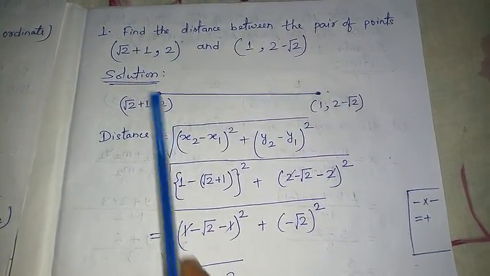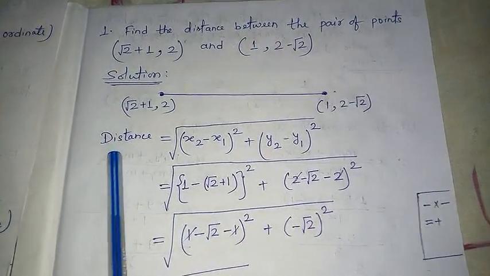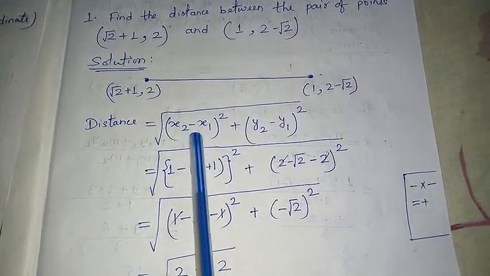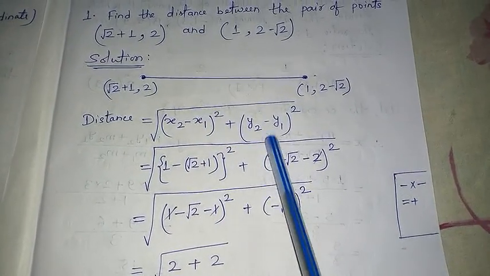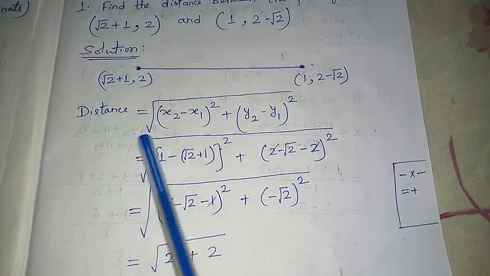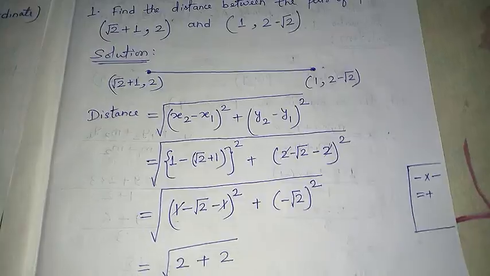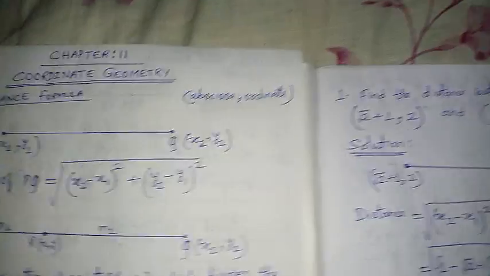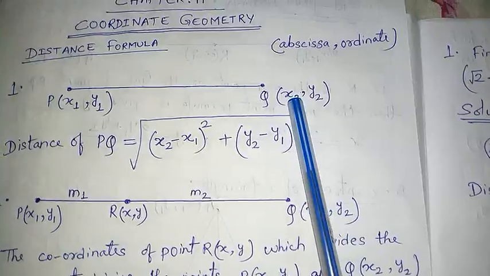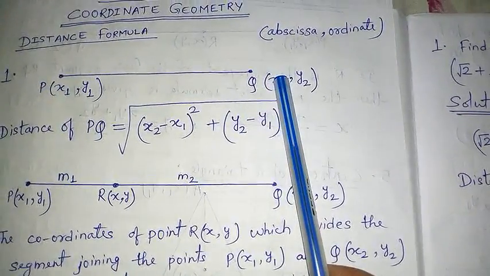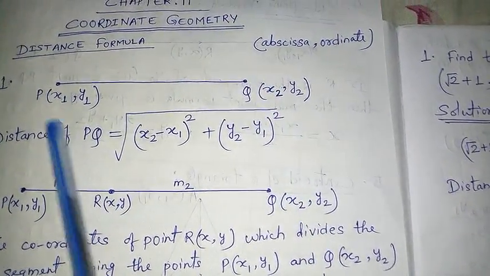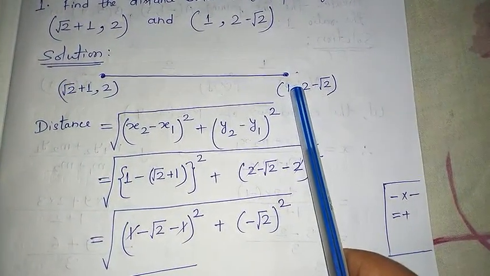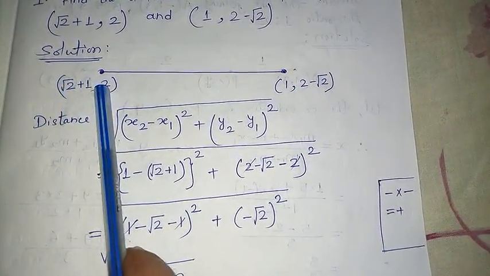Now distance: as there is no name P and Q, I directly wrote distance equal to the formula, the square root of x2 minus x1 whole square plus y2 minus y1 whole square. Now x2 minus x1 means, you can see this is x2 and this is x1, so abscissa of second minus abscissa of first. So here it will be 1 minus √2 plus 1.